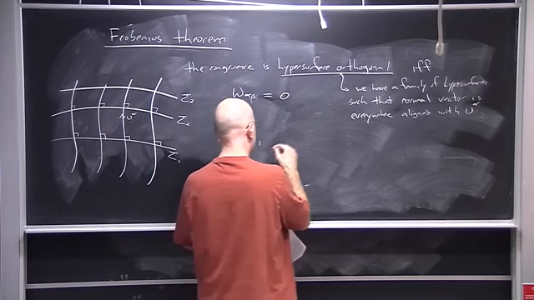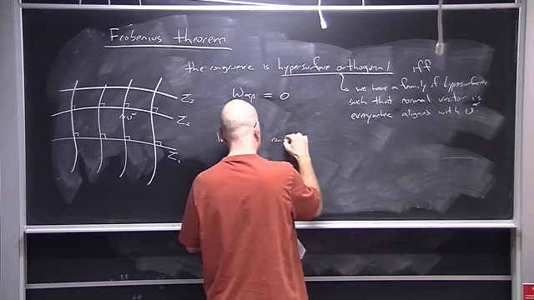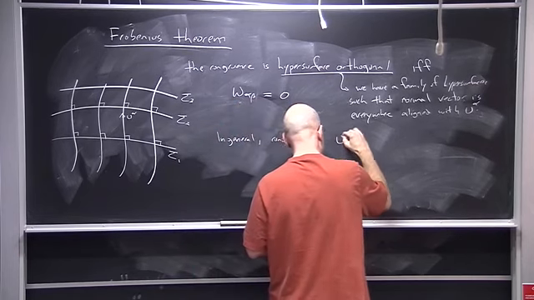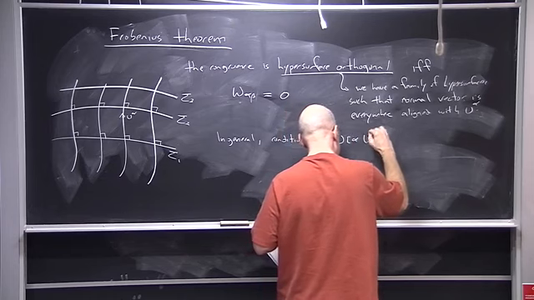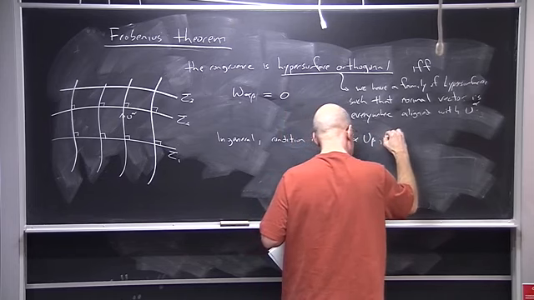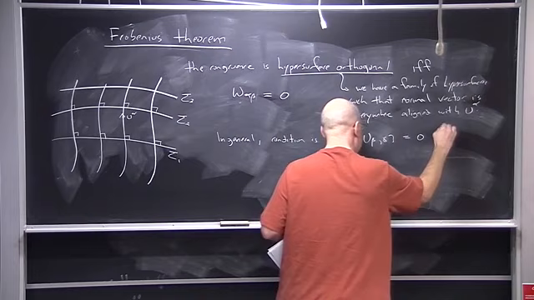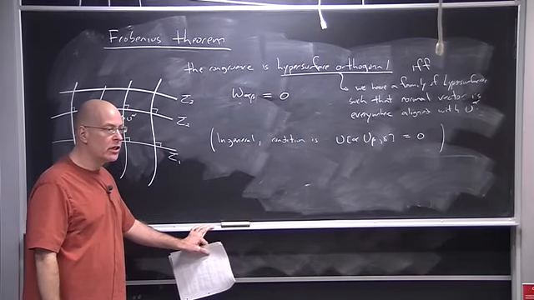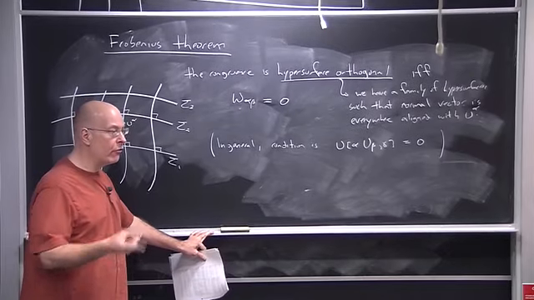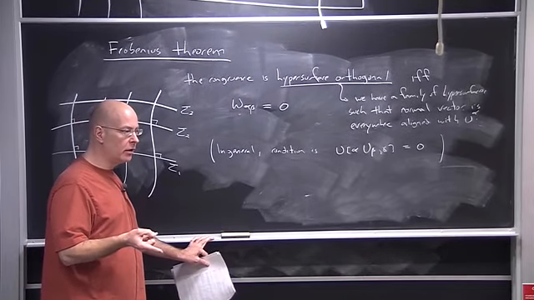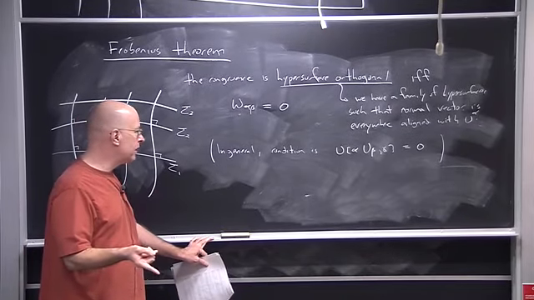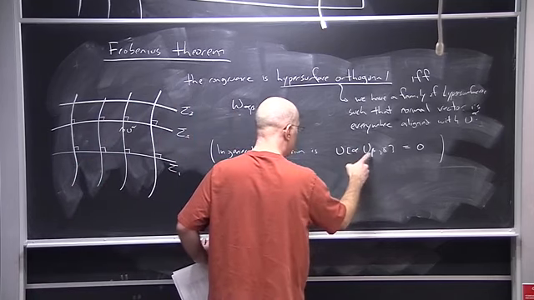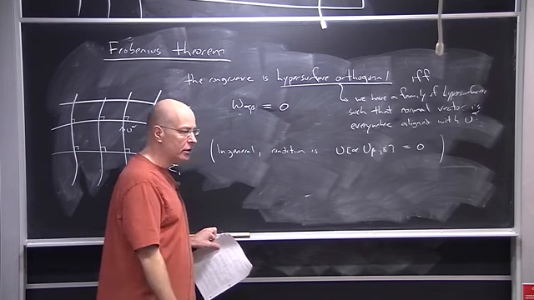the condition is that this completely antisymmetric tensor field has to vanish. So the condition in general for Frobenius theorem for any type of curve, geodesics or non-geodesic, would be that the fully antisymmetrized product of U with the gradient of U vanishes.